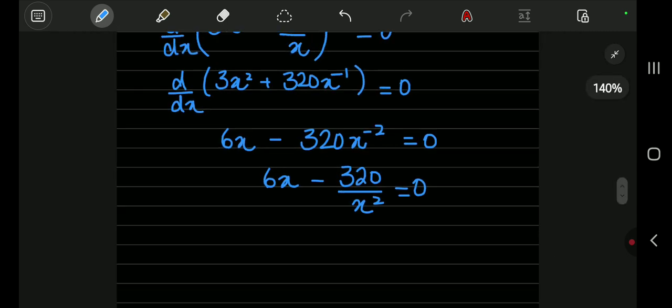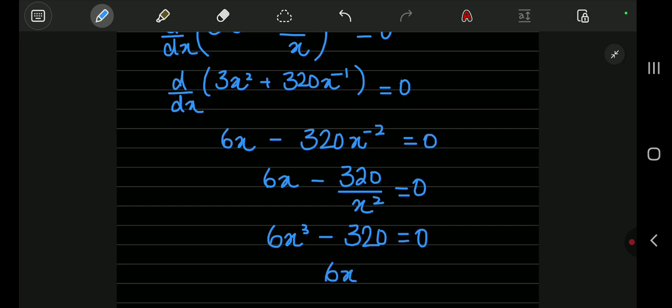Okay, if we multiply the whole equation by x square, we will get 6x cube minus 320 equals 0.